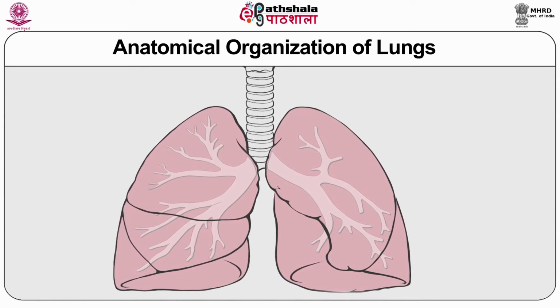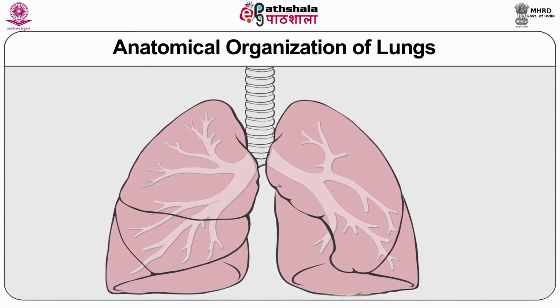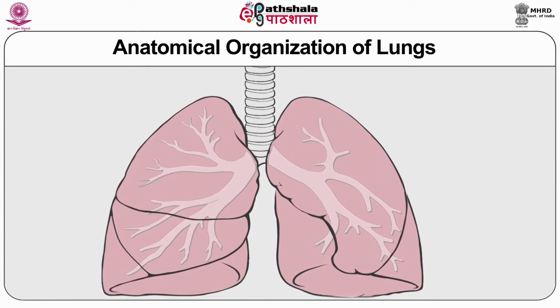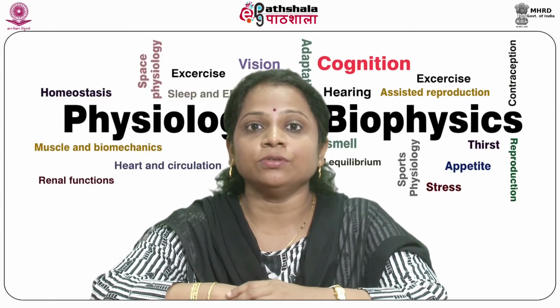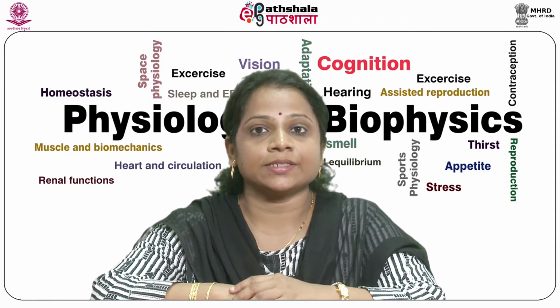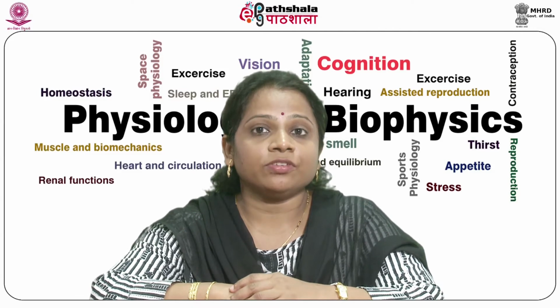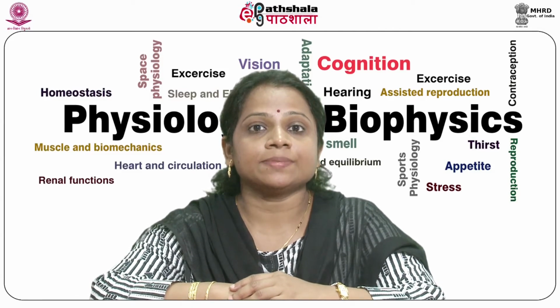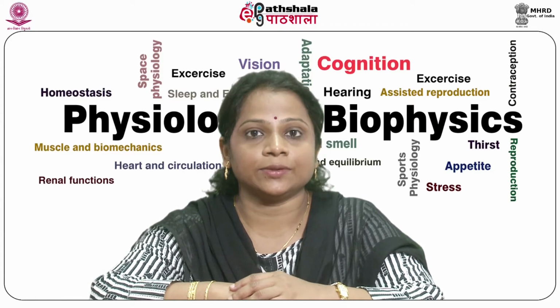The visceral layer lines the lungs, whereas the parietal layer lines the inner side of the rib cage. A potential space exists between these 2 layers and this is called pleural space. It contains pleural fluid. The pressure present in this pleural space is subatmospheric, that is negative.